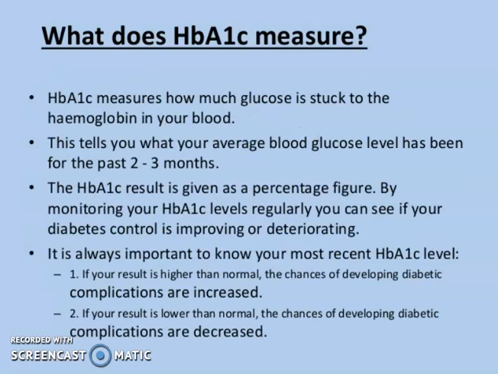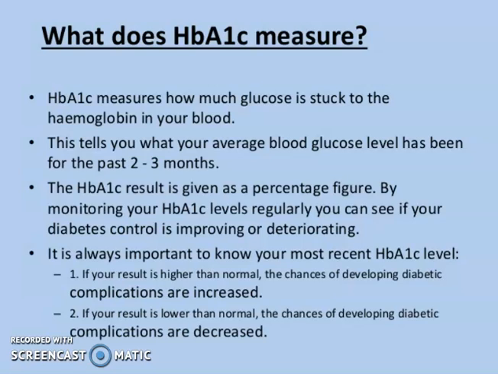What does HbA1c measure? HbA1c measures how much glucose is stuck to the hemoglobin in your blood. This tells you what your average blood glucose level has been for the past 2 or 3 months. The HbA1c result is given as a percentage figure.